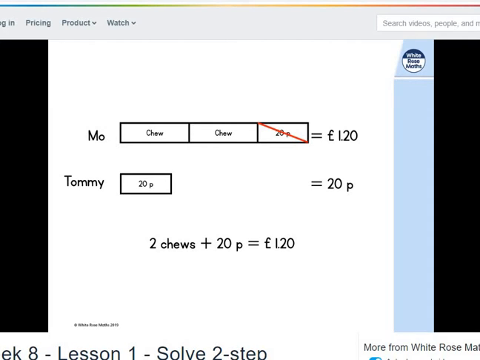If I take away 20p from how much Mo spent, the 2 chews must have cost £1. To find the cost of 1, I divide the £1 into 2, because there's equal cost. So therefore, 1 chew must be 50p.